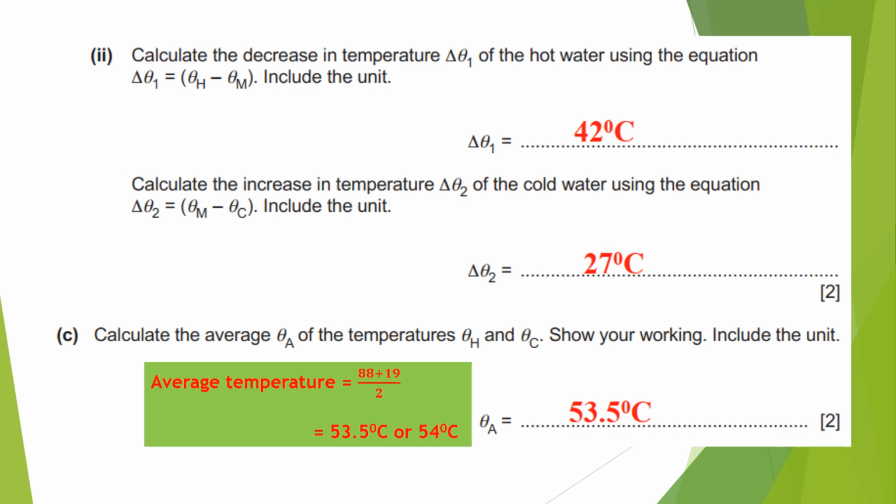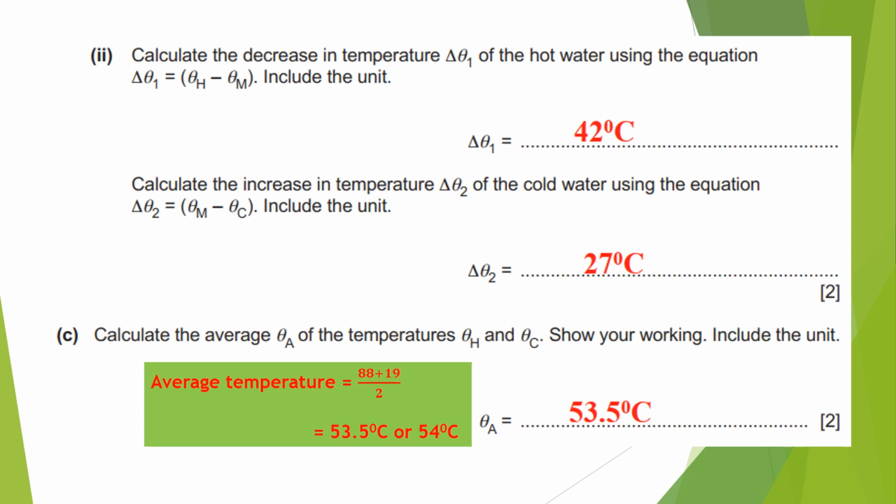Then question C, calculate the average theta A of the temperatures theta H and theta C, hot water and cold water. Show your working, include the unit. When two different temperatures are there, hot water and cold water, to take the average, just add those two temperatures and divide by the number of temperatures.